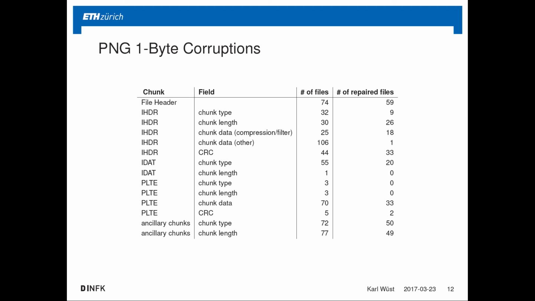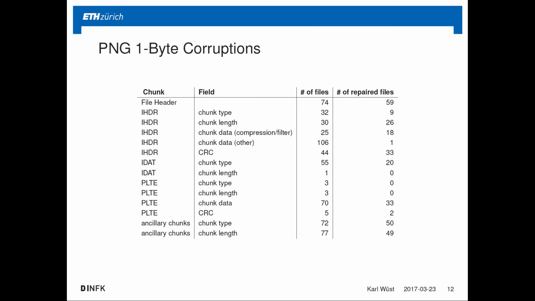This file here that we could repair is actually not in the image dimensions. I think for the image dimensions, we weren't able to repair any of them, because this is very highly data dependent, and there's no simple if-then-else statement where you could force the direction of the branch. So this is one type of corruption that we cannot handle well. But for stuff like CRC checks, the approach works reasonably well.